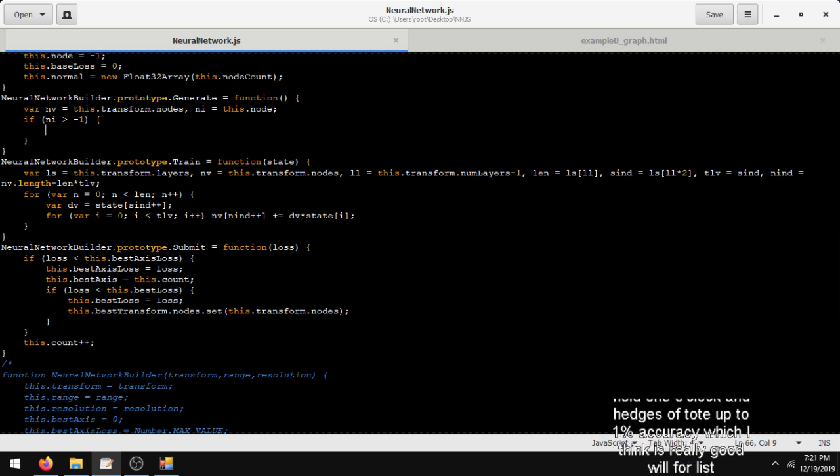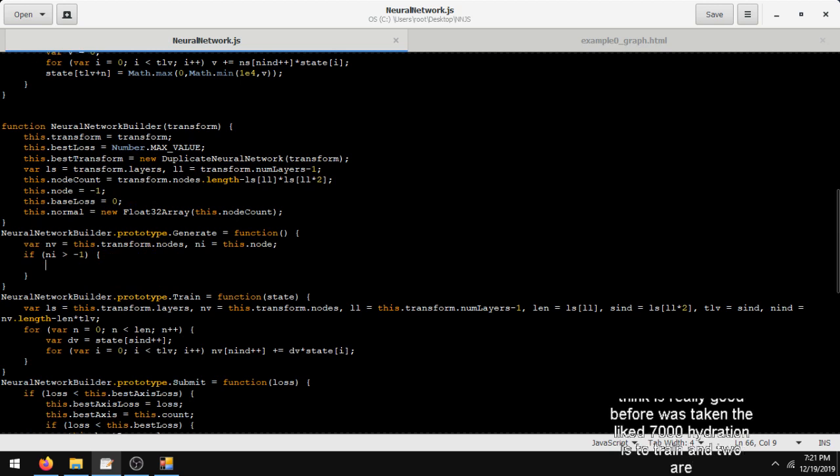Before it was taking me like 7,000 iterations to train it to that accuracy. Man, neural networks are expensive to compute.